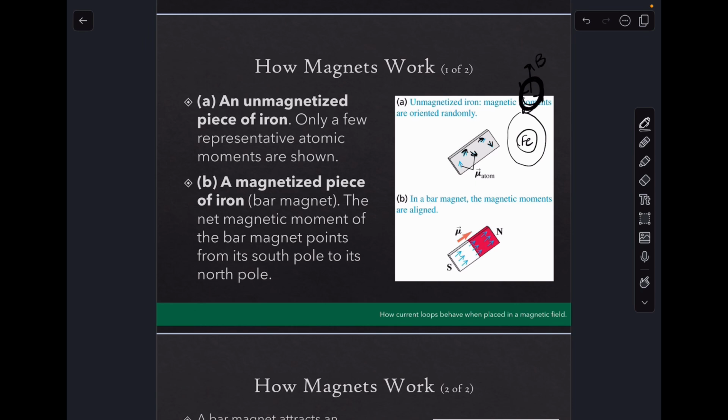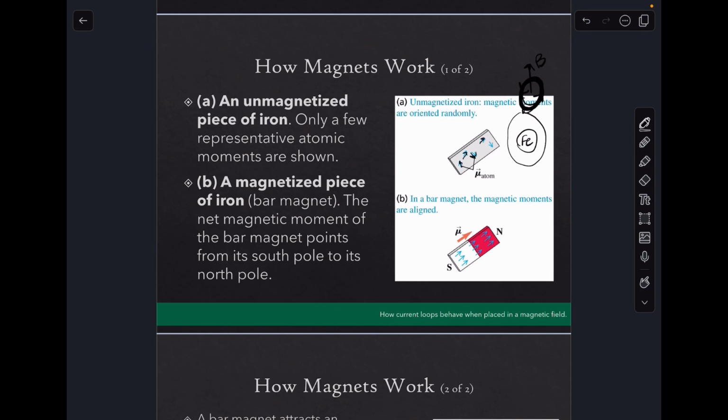Not magnetic off the bat. And that's because each of the atoms in that piece of metal are oriented in a slightly different direction. They are just randomly oriented in that piece of metal. So those little magnetic fields add up to 0. Okay? So that's what you see, the little arrows, the little magnetic fields, they add up to 0.